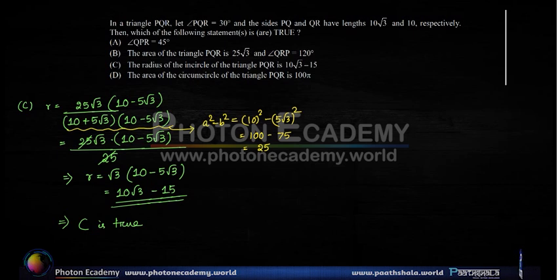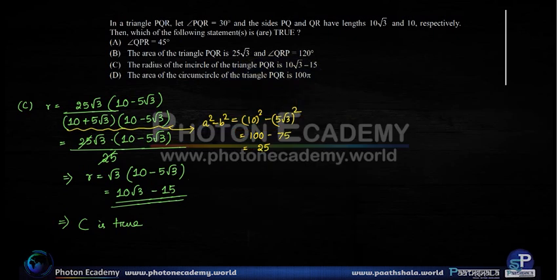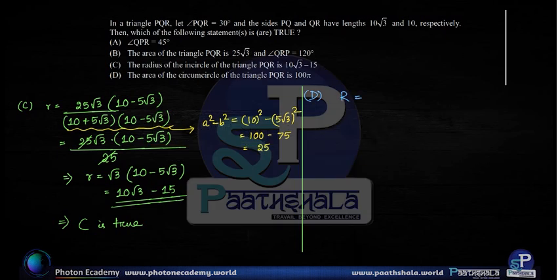Now we have to find the area of the circumcircle of the triangle PQR, which is the fourth option. The area of the circumcircle of the triangle PQR is 100 pi. To evaluate that, we use the formula to find the circumradius of the triangle. The circumradius capital R is equal to ABC by 4 del, where A, B, C are the lengths of the sides divided by 4 into del.